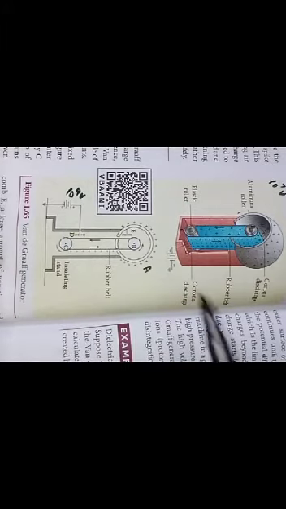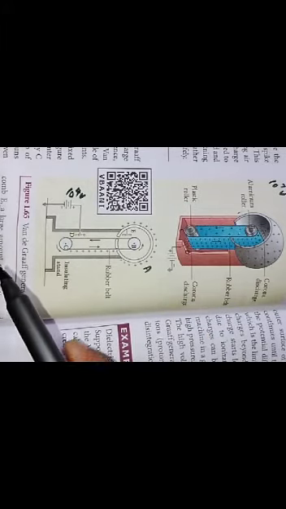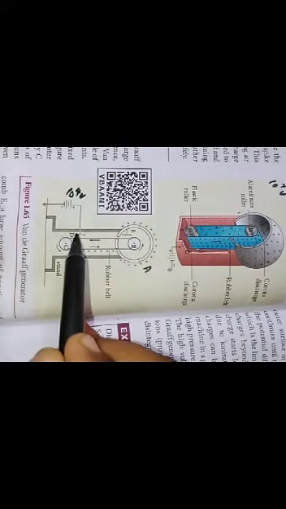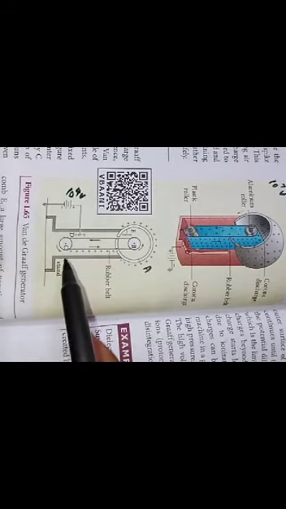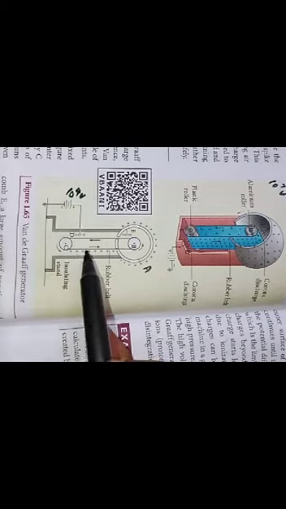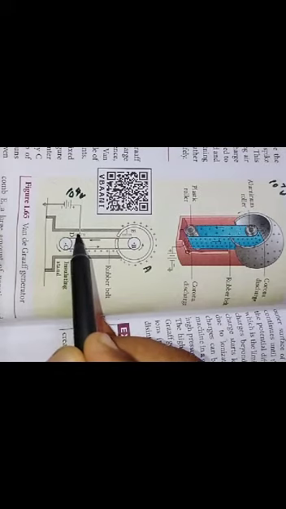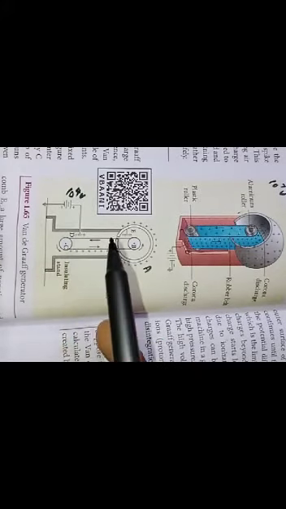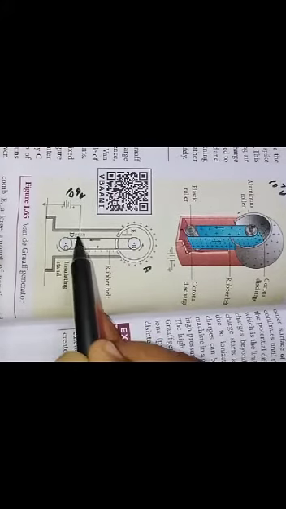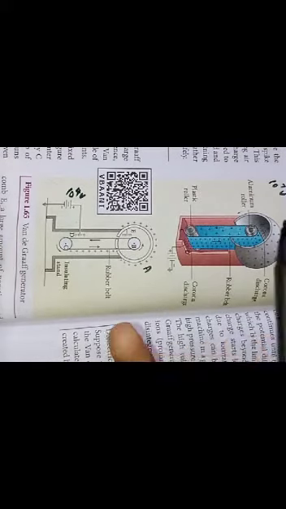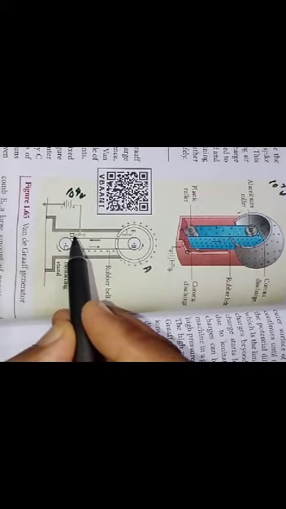Next, working method. Now the battery is switched on, so it produces a high potential at the spikes, which gives positive charges. Due to the action of points, the air between the belt and the spikes is ionized by the positive charges on the spike.